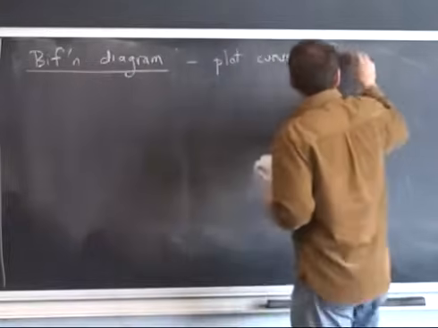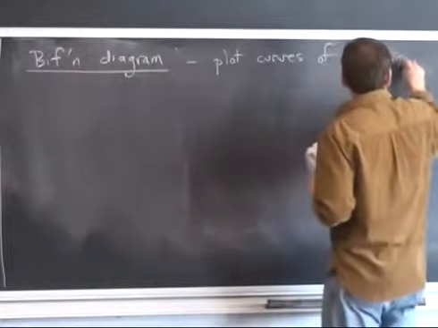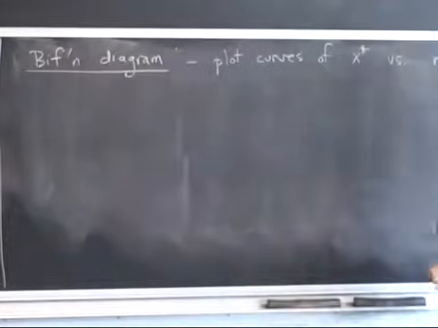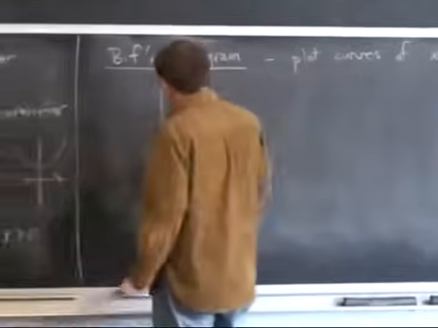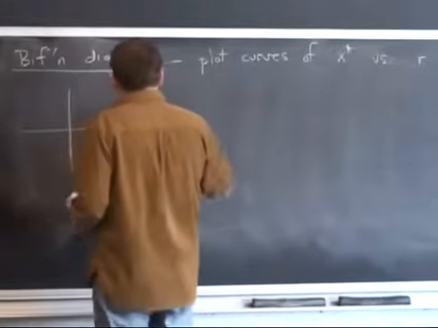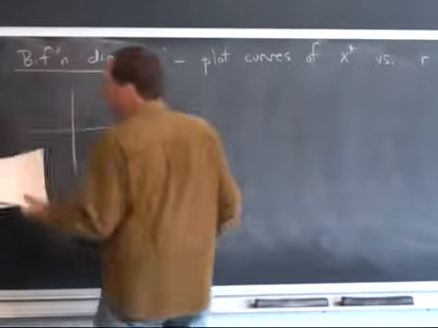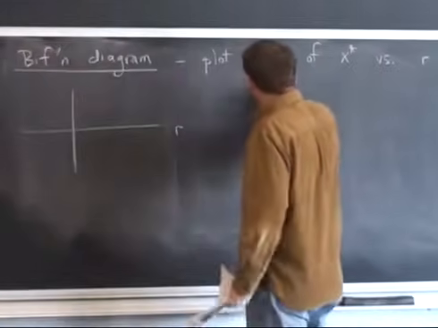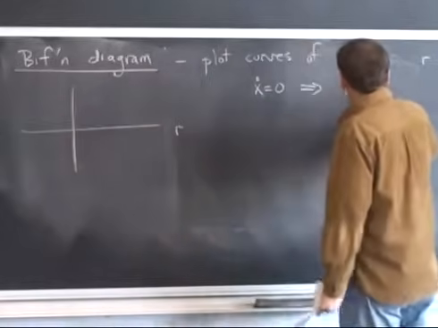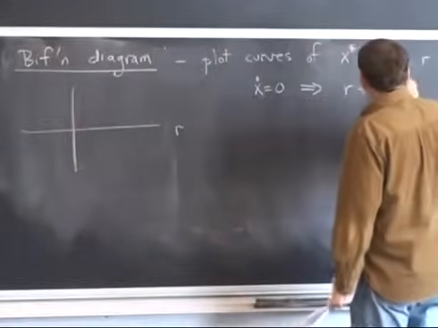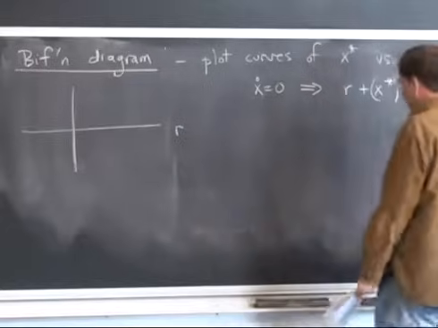plot the curves of x star versus the control parameter r, where we think of r as the independent variable. That's the thing under our control. And then we watch what x star is doing. So in this case, by just setting x dot equal to 0 to find the fixed points, we see r plus the fixed point x star squared is 0.